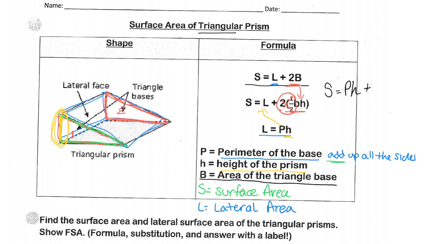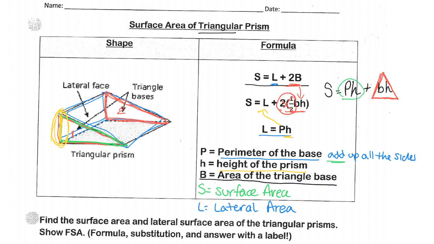They do. And they just leave us with base times height. But what I want to emphasize is that this is the base and the height of your triangle, whereas this is of the prism.